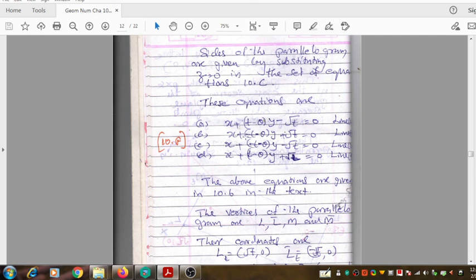Suppose that the point (P, Q) has the second coordinate equal to 0, meaning Q equal to 0.